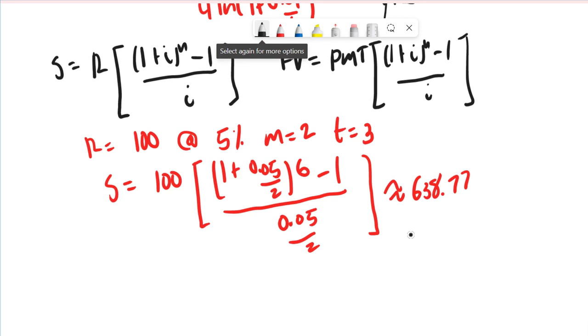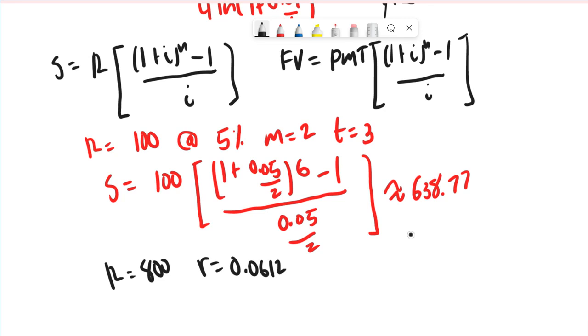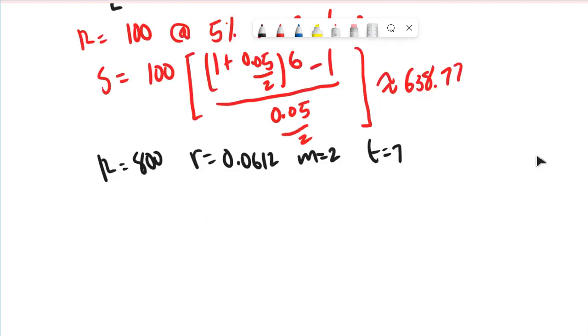Let's say that R is $800, that the rate is 0.0612, compounded 2 times, and that t is equal to 7. These are made up, to be honest. There's nothing special about these numbers.